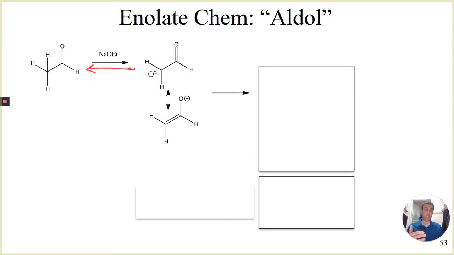And that becomes important because what that means is that while, yes, I can form some of this enolate, I will also have in solution unreacted aldehyde just chilling out. And why does that become important? Well, the enolate is great, negative charge, we've got a nucleophile.